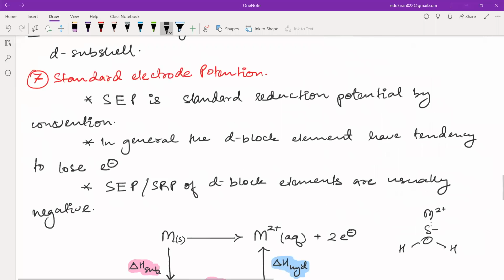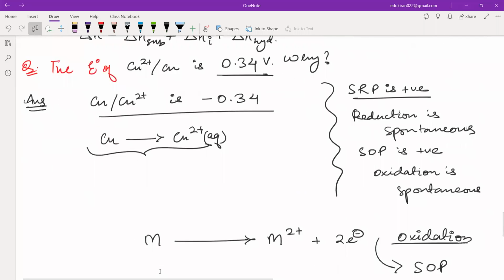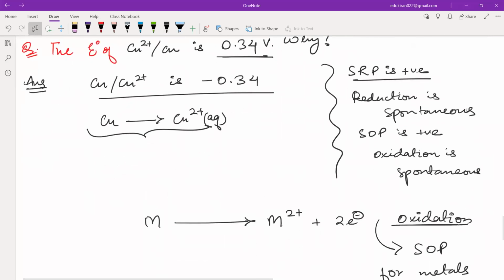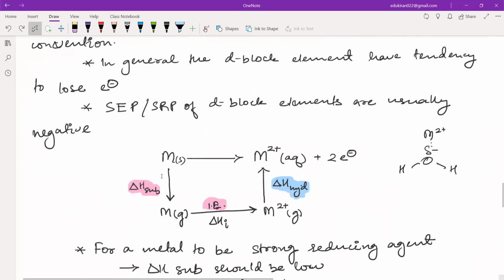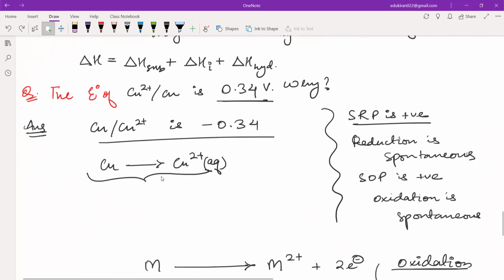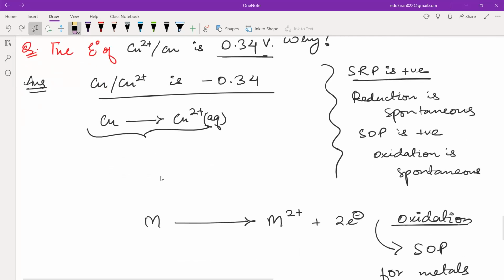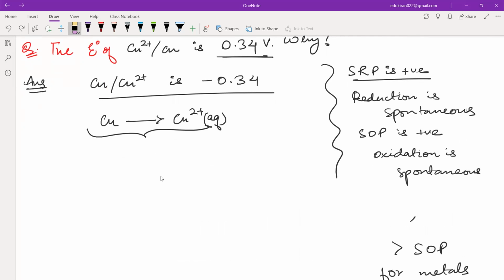Okay. Standard electrode potential. Now, the standard electrode potential of most of the metals is negative, but here it is positive. Now, why is that? We have to talk about why. So what is SOP? Standard oxidation potential. SRP is reduction potential, OP is oxidation potential.